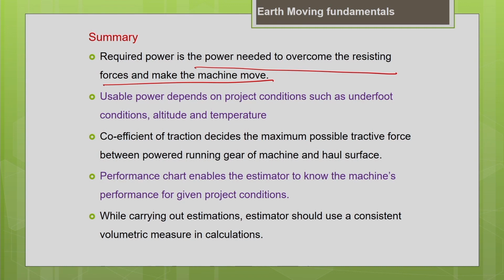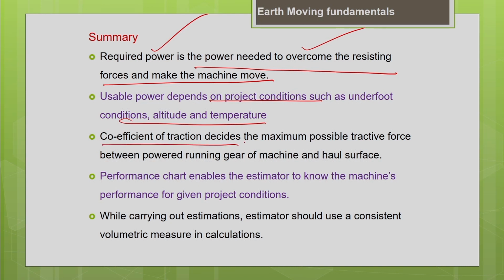Then you have to find the tractive effort needed to overcome these resisting forces. Then usable power depends upon the underfoot conditions in your project site, and the altitude and the temperature. So it varies depending upon your project site.